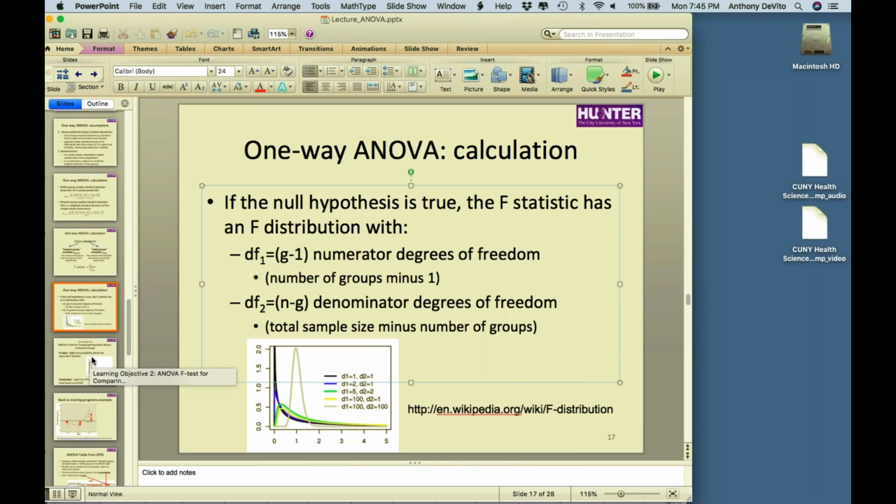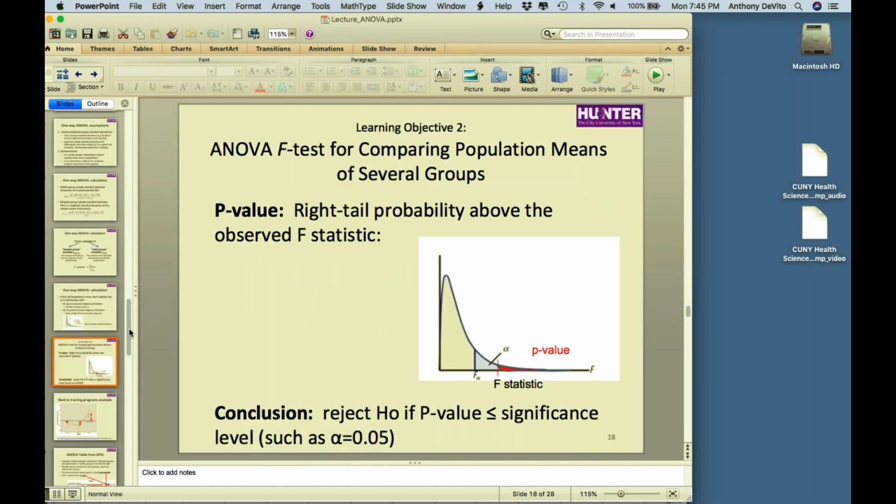Okay, but that's not the way we test for it, right? We assume the null hypothesis to be true, and then we look to see if we can demonstrate that it's not true, at least to a certain level of probability. So for the analysis of variance test that we're doing for comparing the population means of several groups, we calculate the F value, and then go to our table.